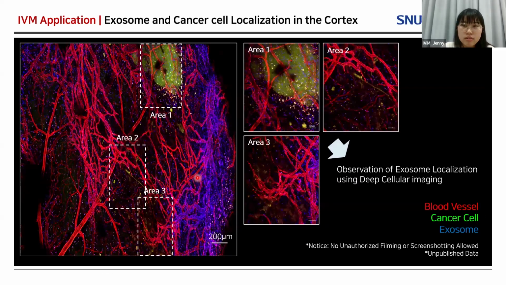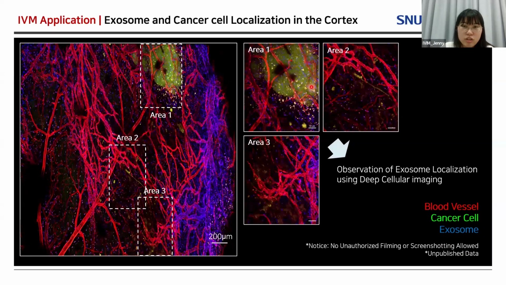So here are the results taken at 24 hours post-injection. For reference, the blood vessels were labeled with a red fluorescent signal, the cancer cells with a green fluorescent signal, and the exosomes with a blue signal.